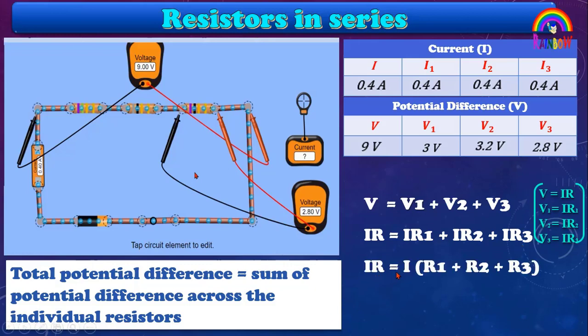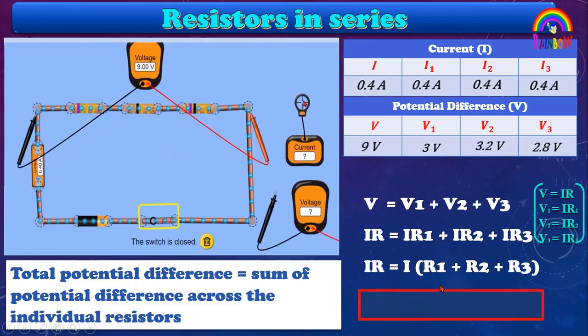That is, I is common here, so we can take it out, and R1 plus R2 plus R3 will remain inside the bracket. So I in the LHS and I in the RHS will get cancelled, and we are left with R is equal to R1 plus R2 plus R3.